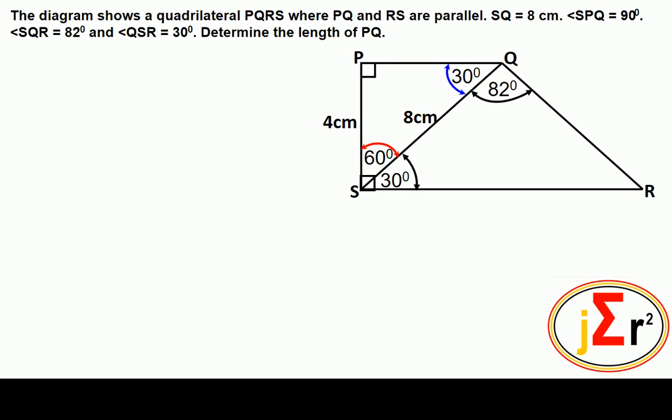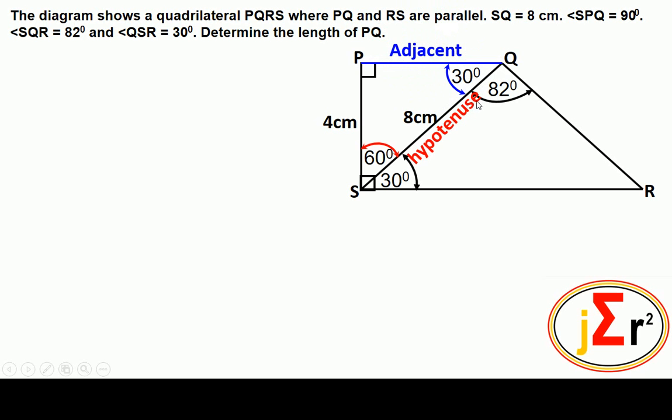Additionally, we have quite a few known values of sides and angles in that right-angled triangle that we may use in helping us to determine the value of PQ. Now we will take the approach determined by this animation, which is the fact that PQ, the side in question, is adjacent to the 30 degrees angle.